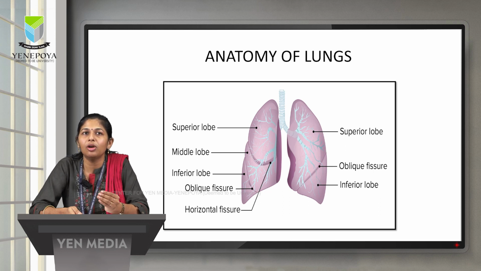The right lung is divided into these three lobes by oblique and horizontal fissures. In the case of the left lung, you can see only one fissure, the oblique fissure, which helps to divide the left lung into superior and inferior lobe.